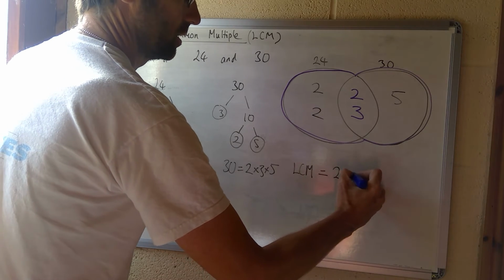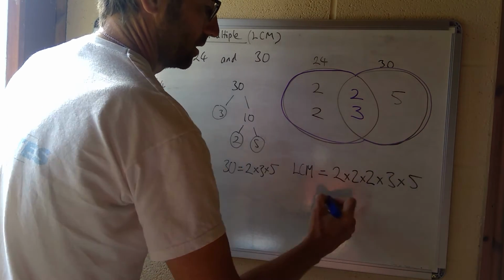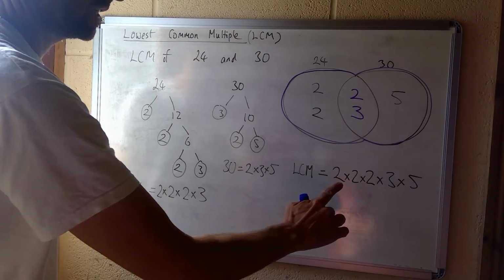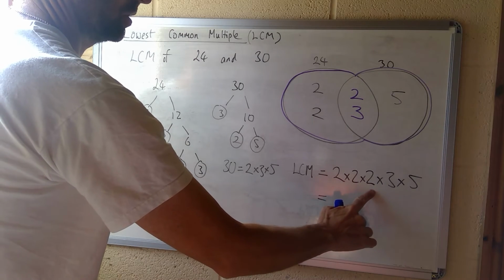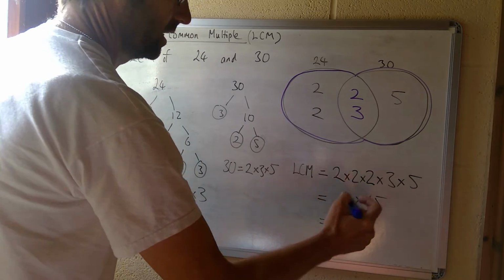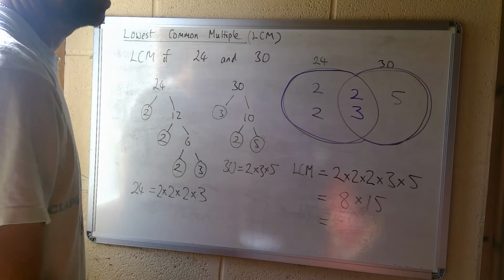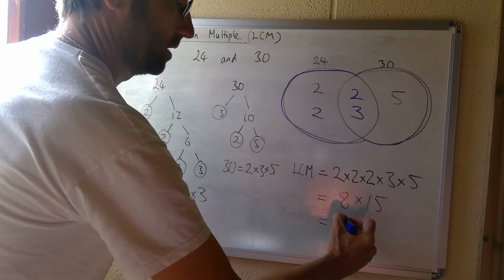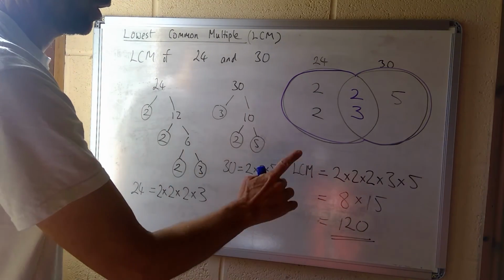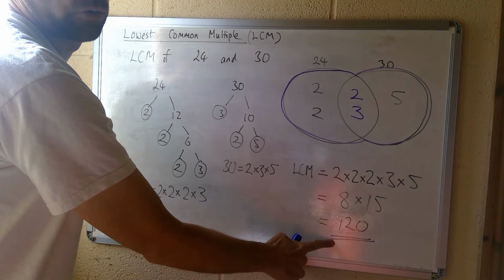So it's 2 times 2 times 2 times 3 times 5, and I can do this in stages maybe to make it easier. 2 times 2 times 2 is 8, 3 times 5 is 15, and 8 times 15, 8 tens are 80, 8 fives are 40, so that's going to be 120. So the lowest common multiple of 24 and 30 is 120.